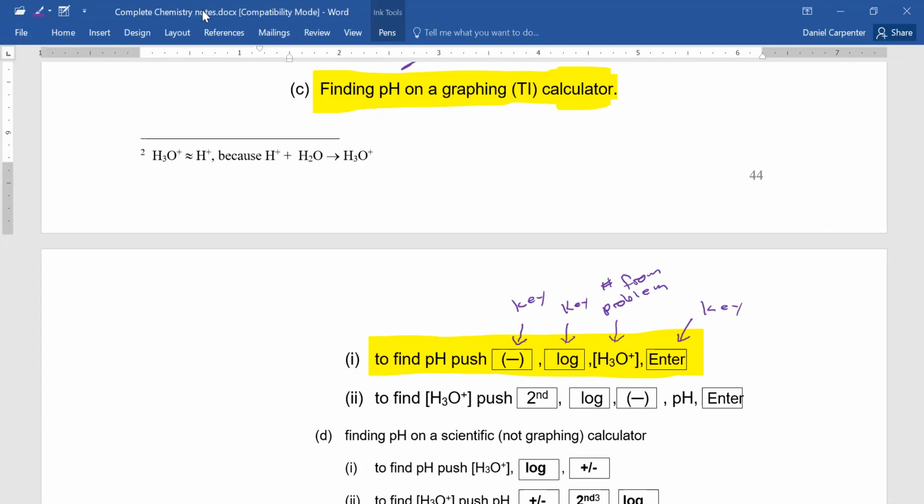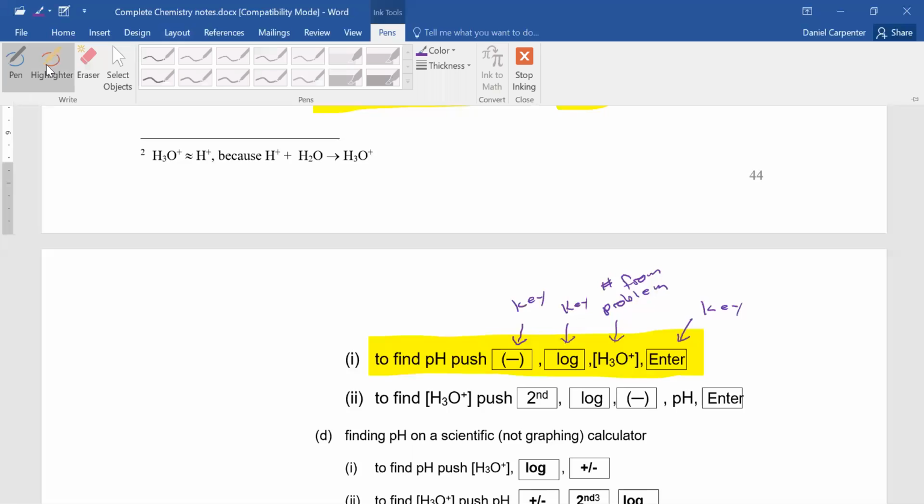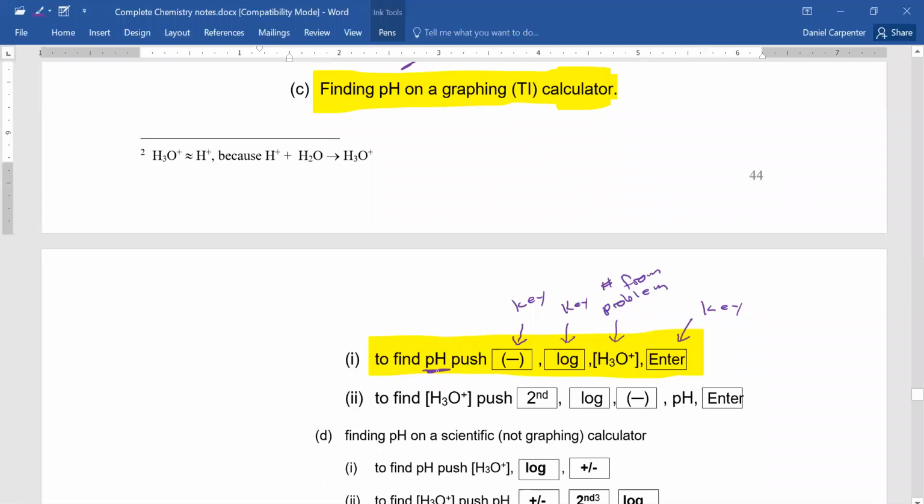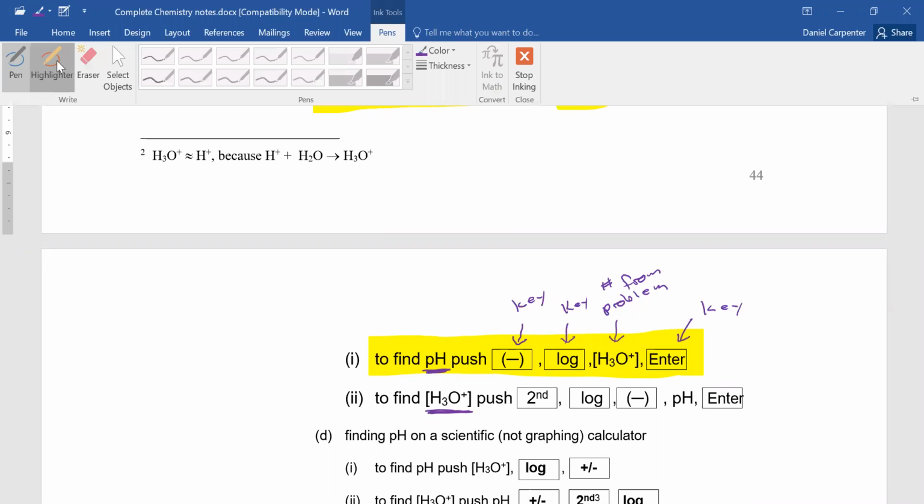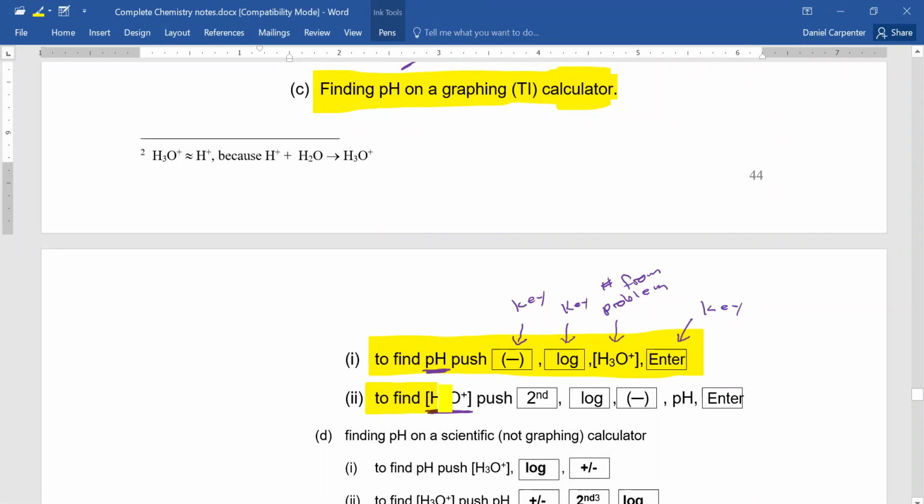All right, let's see. So same thing for the next one. This is going the other direction. So, okay, this is to find pH. So to find the hydronium ion concentration, you push second, log, negative pH, enter.